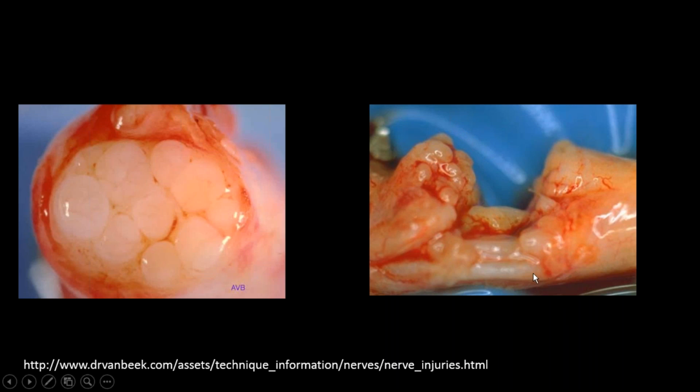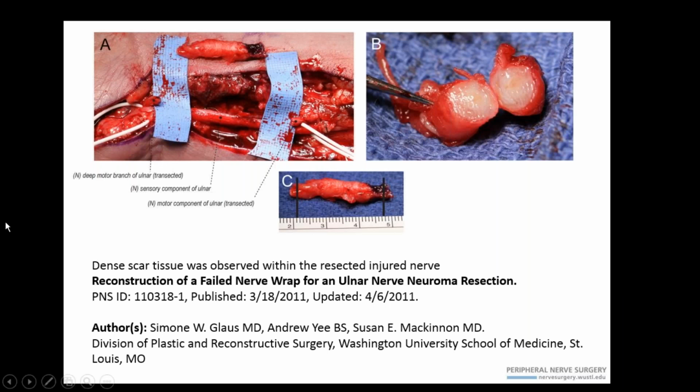Some of the fascicles are still intact, and part of the fascicles are severed. And the scar tissue has been removed to expose those healthy looking fascicular groups so that they can be repaired end to end, and so the nerve can heal and innervate the appropriate and correct end organ, which can be sensory or motor.